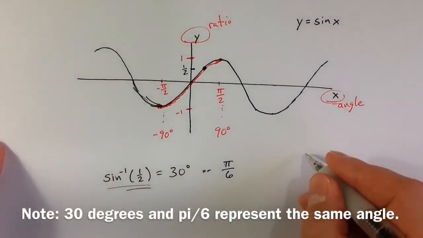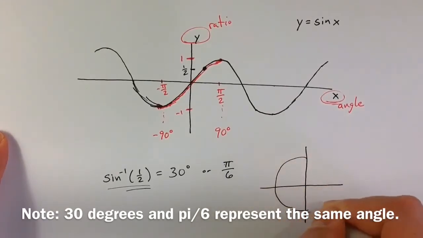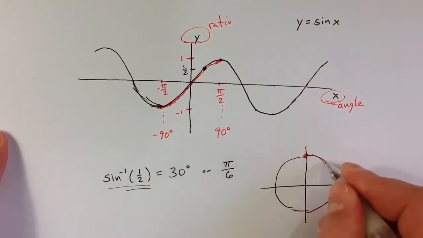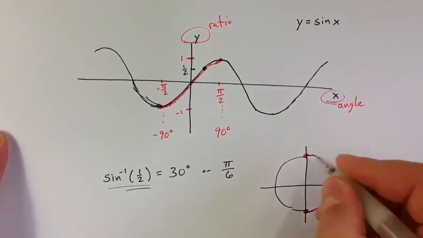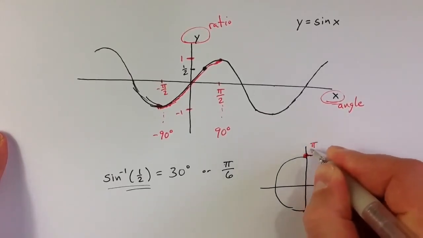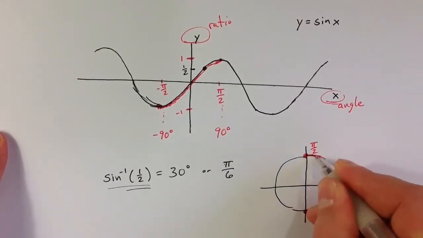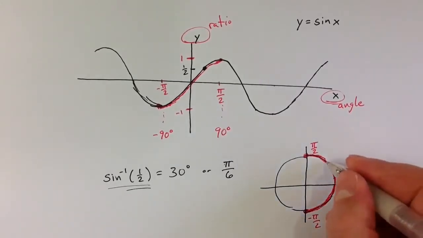On the unit circle, this diagram corresponds to the angles from the positive y-axis through to the right to the negative y-axis, from pi over 2 or 90 degrees to negative pi over 2. So this would be the set of angles that are possible outputs for the inverse sine function.